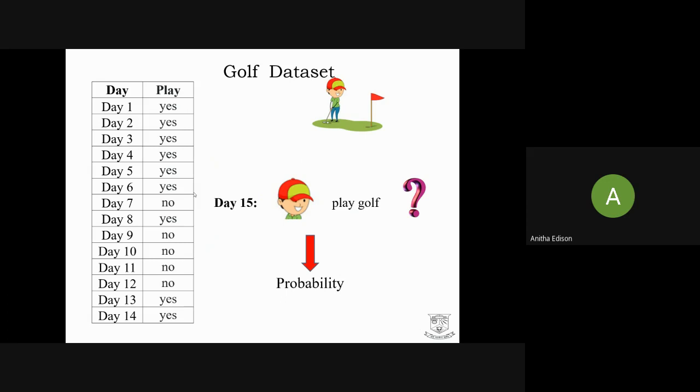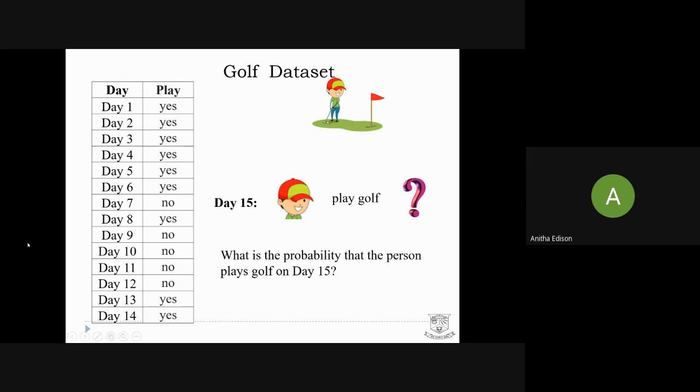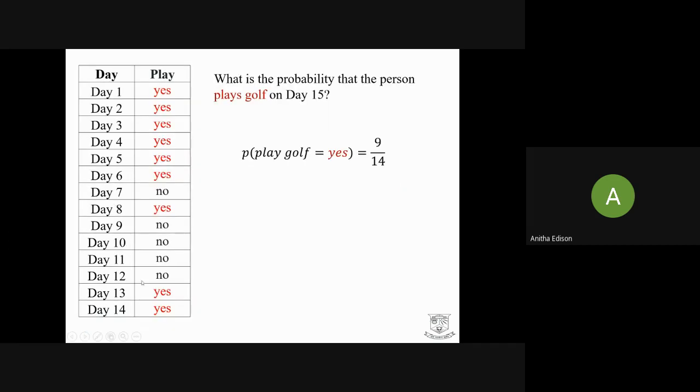So I can use probability. Probability is the number of favorable outcomes by the total number of outcomes. Here the total number of outcomes is 14, and out of 14 there were 9 yes. On 9 days he played, so the probability is 9 by 14.